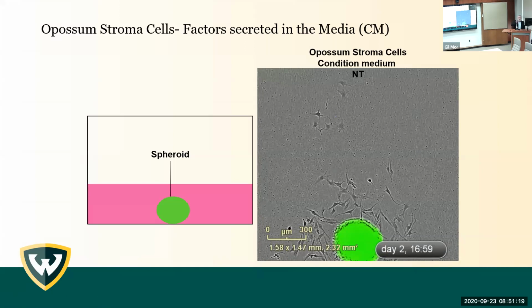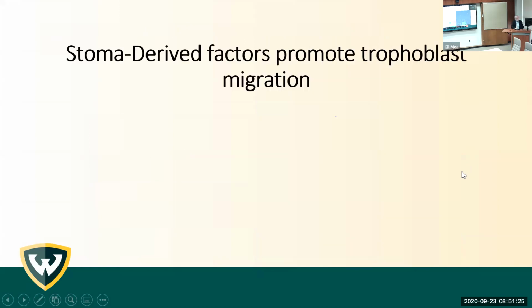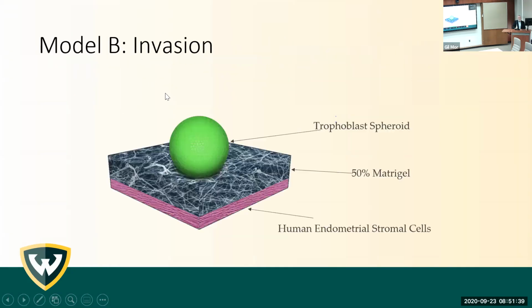The stroma is a critical component to tell the trophoblast cells to start migrating. So stroma-derived factors promote trophoblast migration, and it's only the human stroma cells and human stroma cells exposed to TNF-alpha. So I mentioned to you, this is the migration.